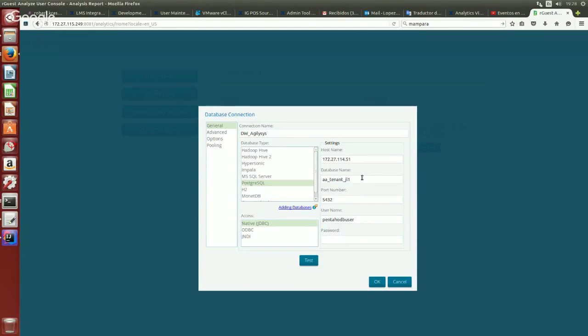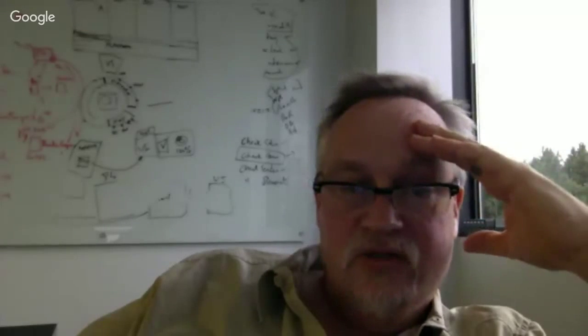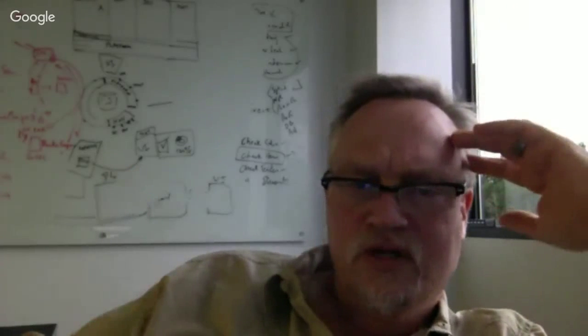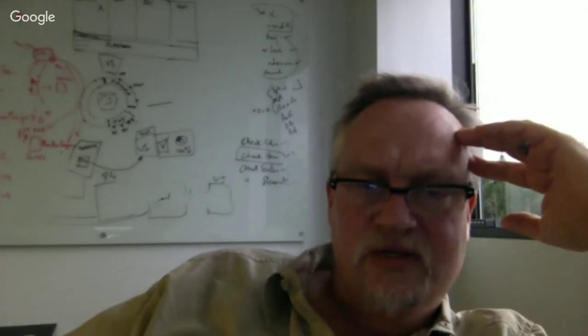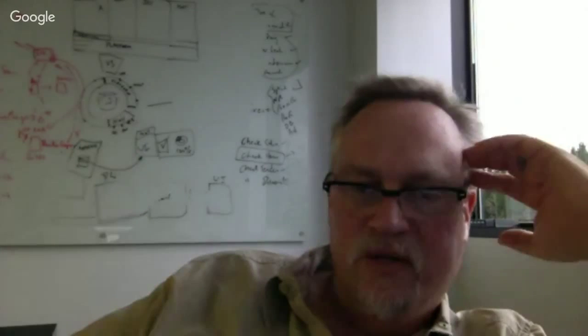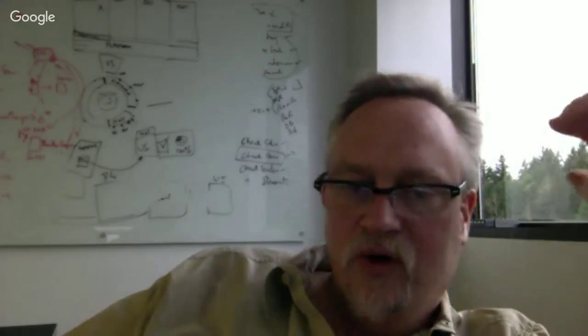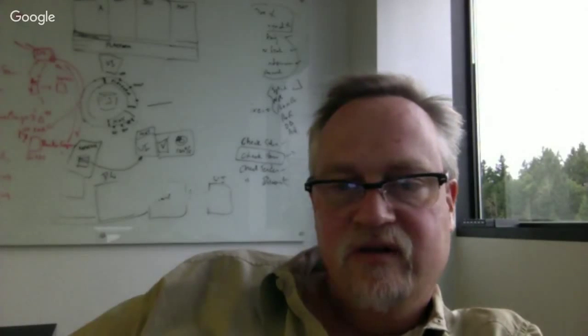Or you could even add another data source in here and then point your reports at those, but that might get a little funky because DW Agilysys is used in various places. You'd have to refresh your caches when you do this.